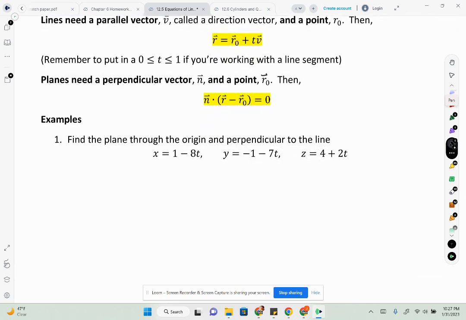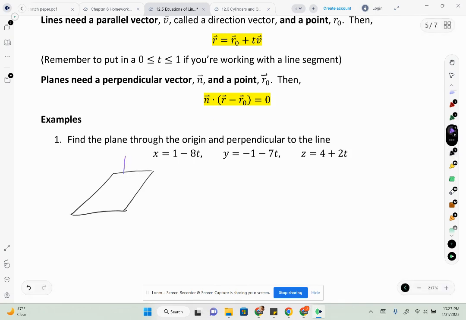Find the plane through the origin and perpendicular to the line. Okay, let's see what that means. Here's our plane. For lack of creativity, I'm drawing a flat plane, and it goes through the origin. Maybe I'll draw a slanted plane. Sorry. No matter how I draw it, it looks flat because I'm drawing it on a piece of paper.